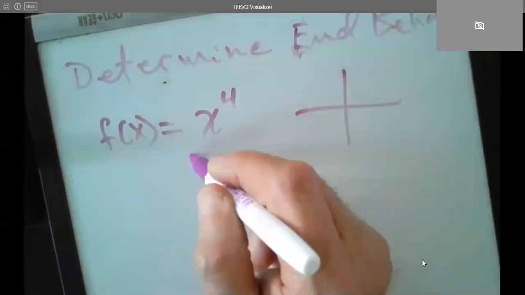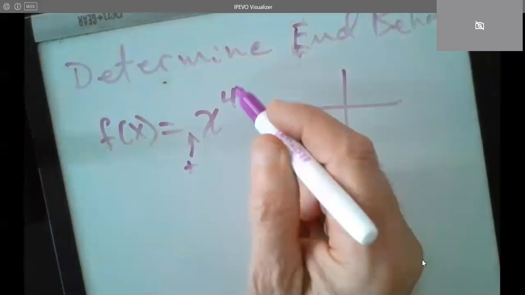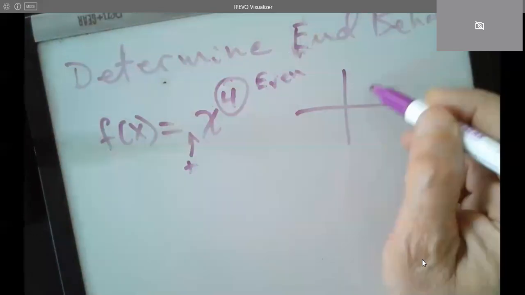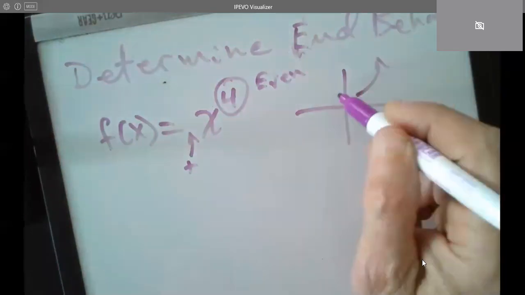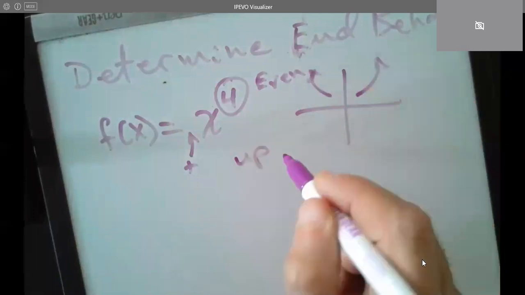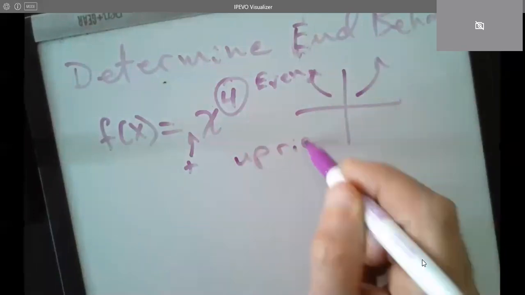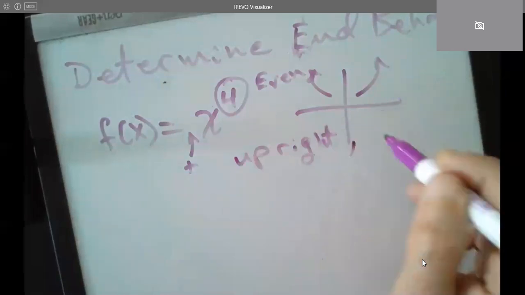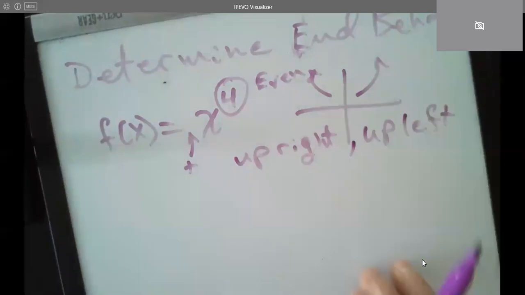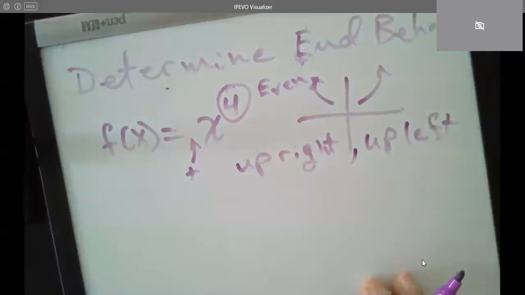Because this is positive and it's even, it's going to be up, right, up, left. So that's our end behavior. That's all we got right there. Okay? Questions with that? All right.